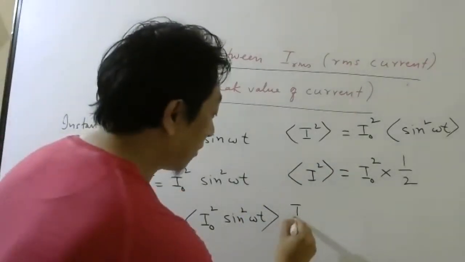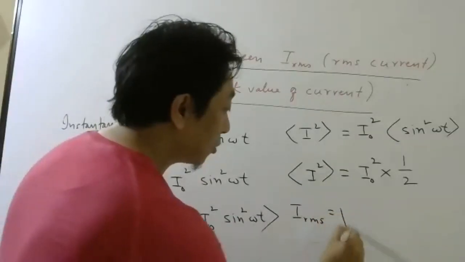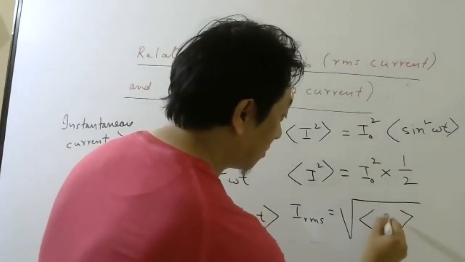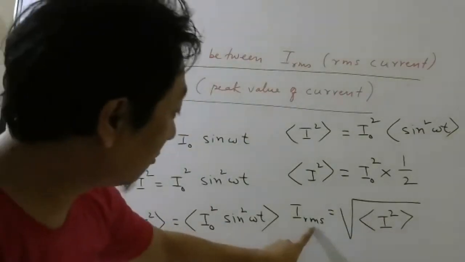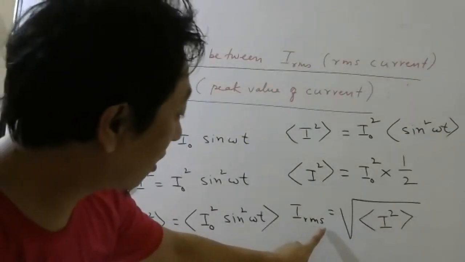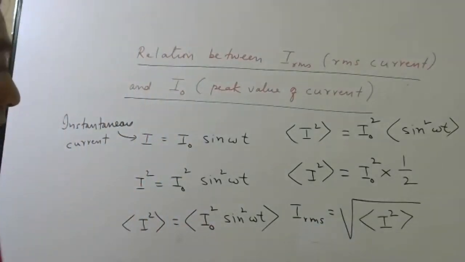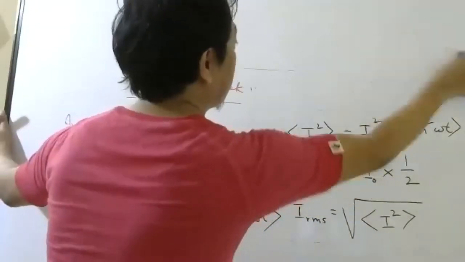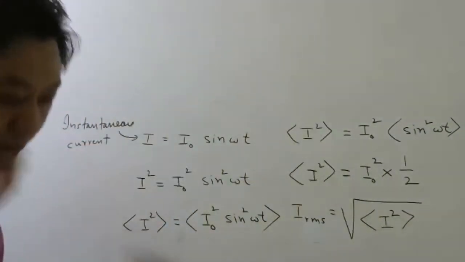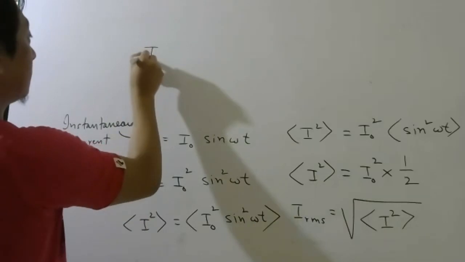Now what is the meaning of RMS current? Square root of the average of the square of current. Right, square root of the mean, meaning average, of the square of current. So if you take the square root of this, what will I get?